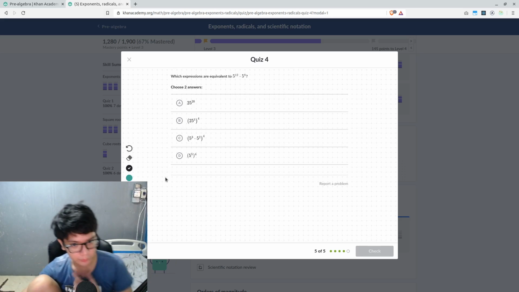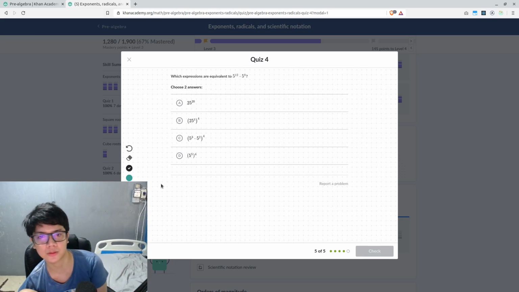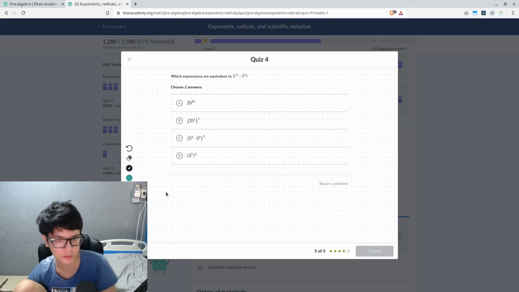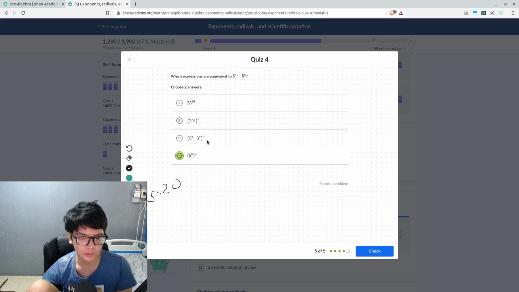Which expressions are equivalent to 5 raised to positive 12 times 5 raised to 8? Okay. Same base. This is 5 raised to 20. This is 5 raised to 20. 2 answers. 25 is not right. Let's see this one.